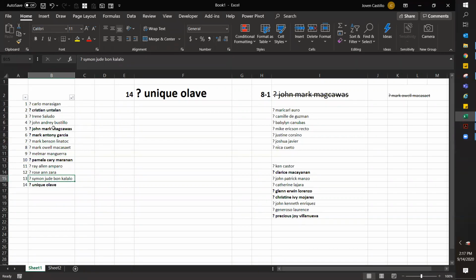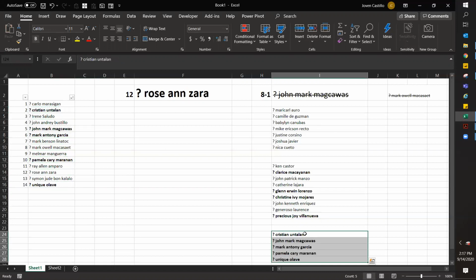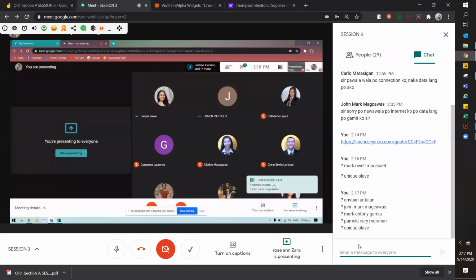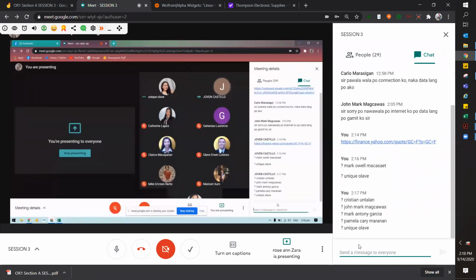Si Ma'am Olave, Maranan, Sir Garcia, Sir Magkawas, Ma'am Untalan, at saka po si sino pa po dito? Sarah.